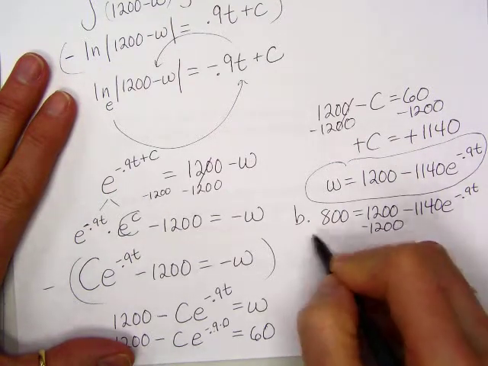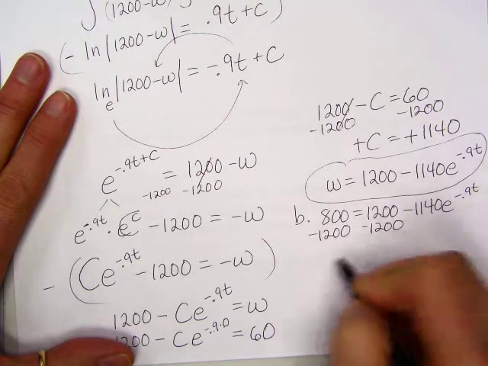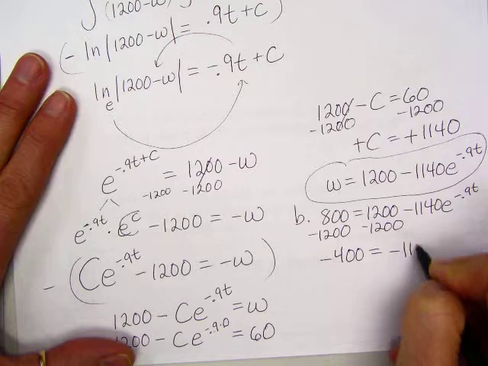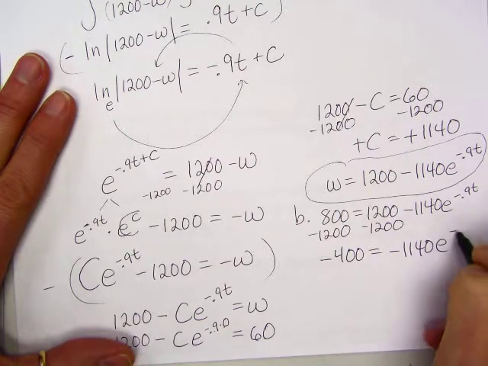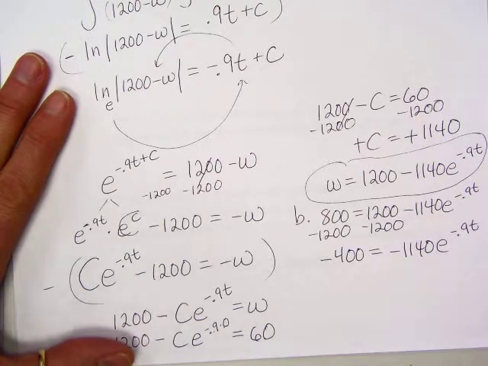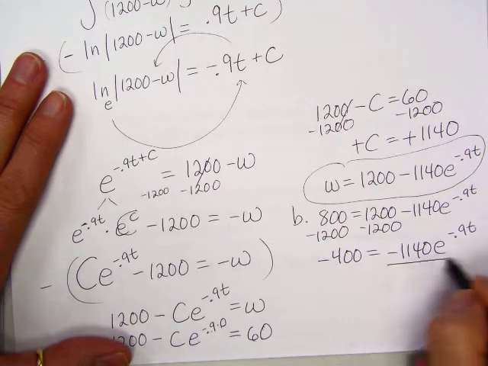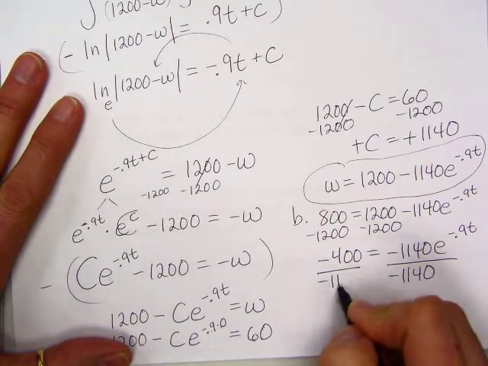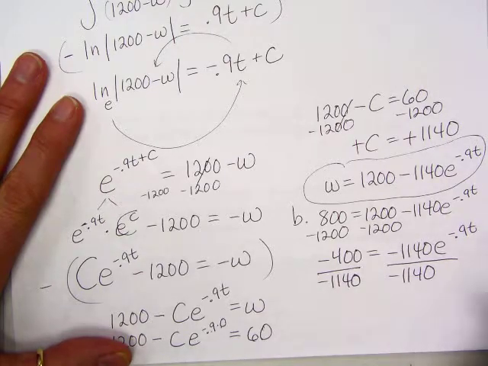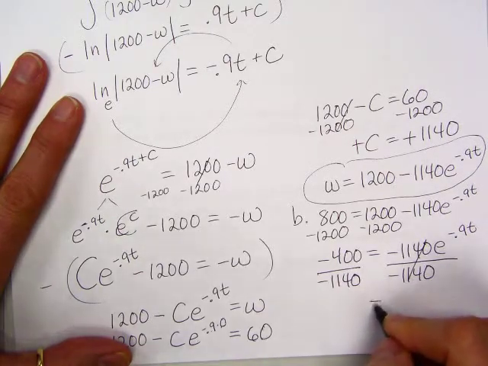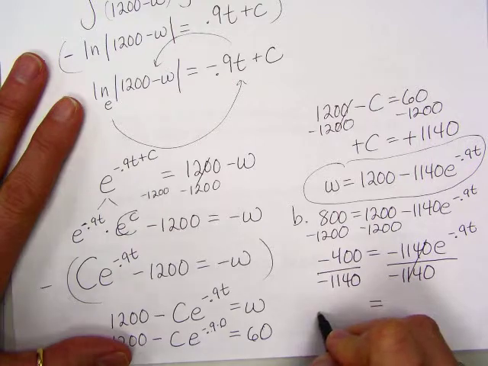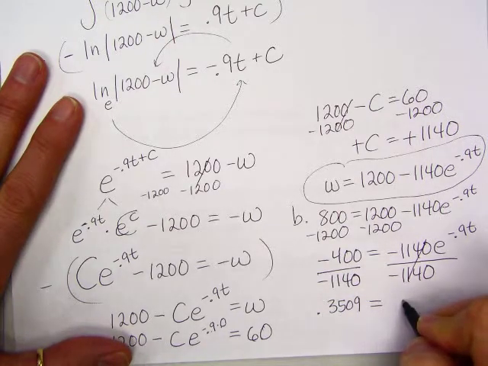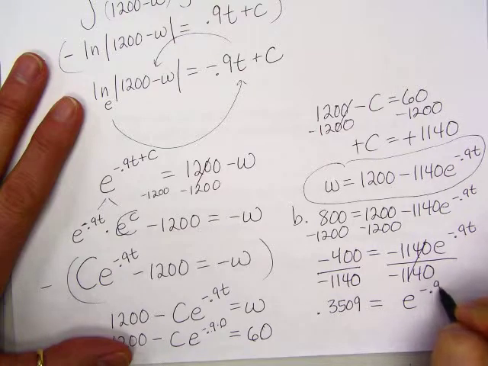Subtract 1200. Divide by negative 1140. These cancel. So we get about 0.3509 equals e to the negative 0.9 t.